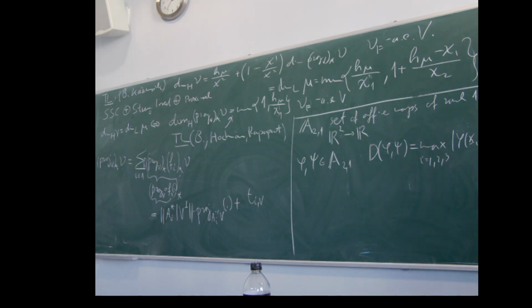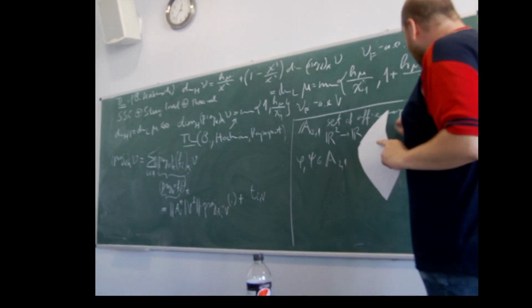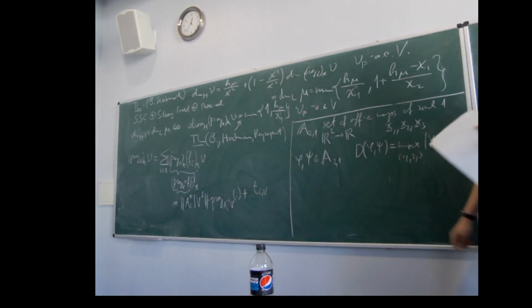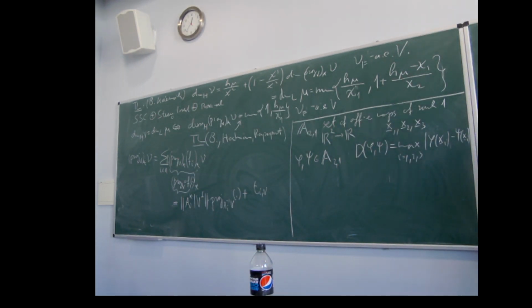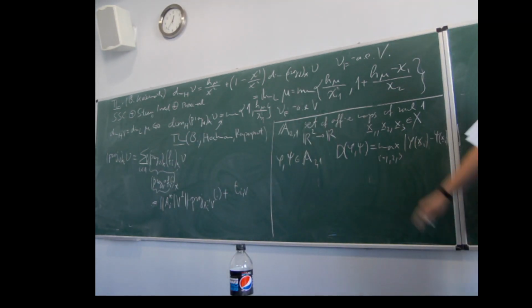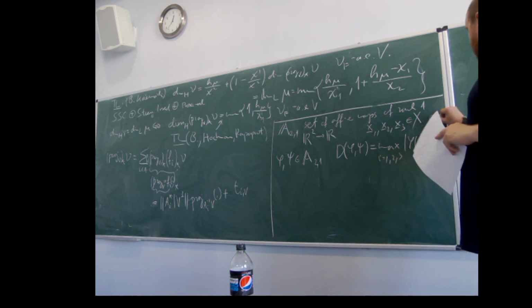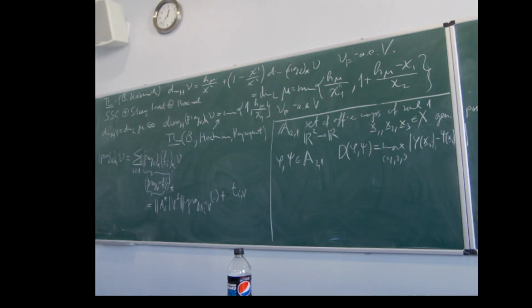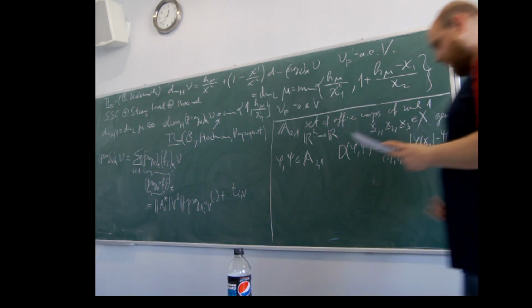What are these 3 points? Well, your favorite 3 points in generic position, and I actually let them be not on the plane, but on my self-affine set. They should be in generic position. That's what shows that this is indeed a metric on these affine maps.